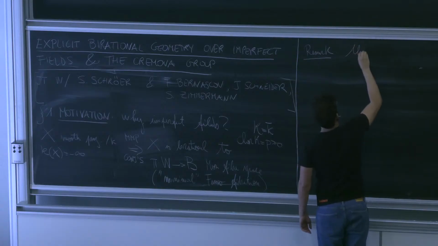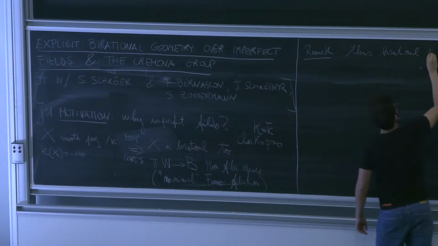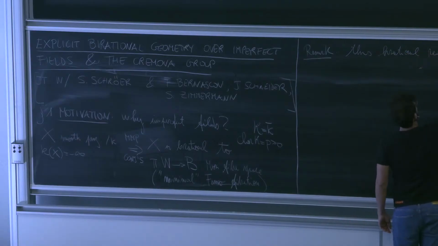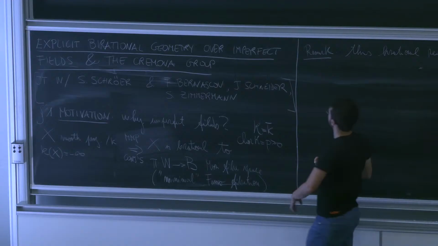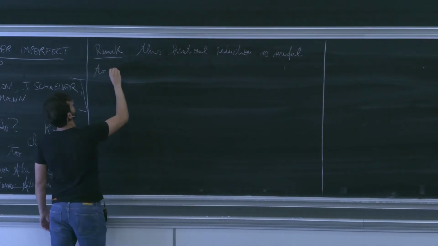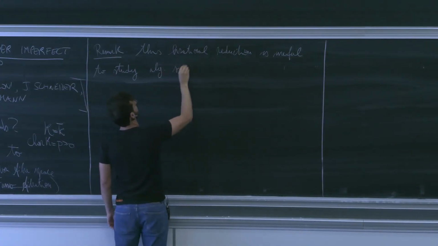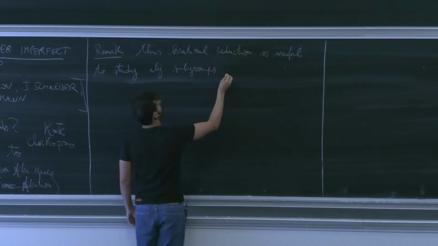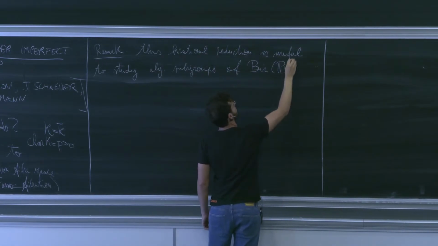This reduction is useful in many cases, but for instance, since this is a Cremona group workshop school, it is useful to study algebraic subgroups of the Cremona group over k.